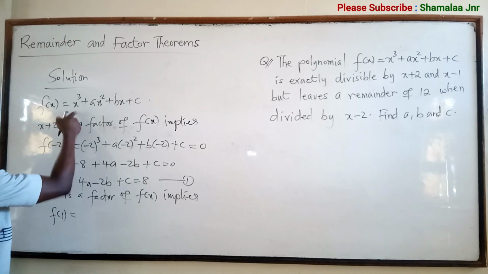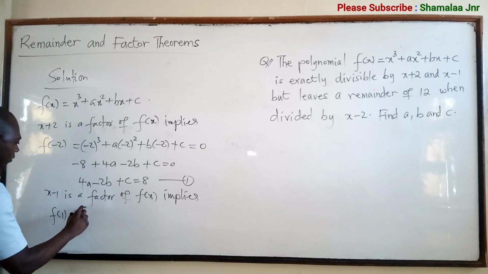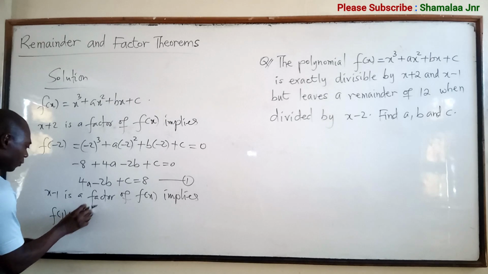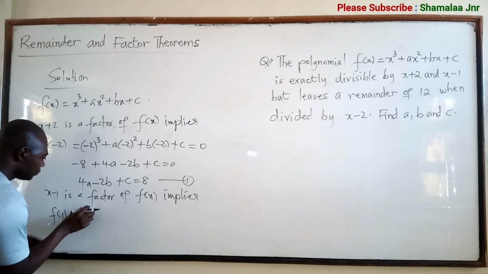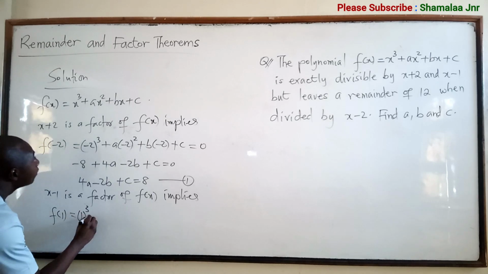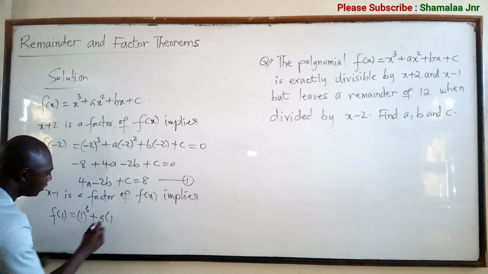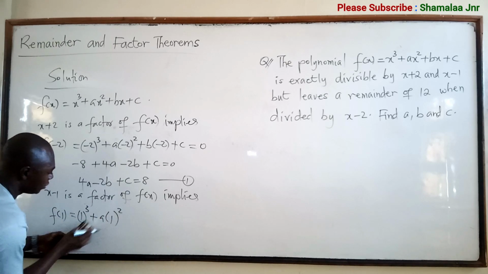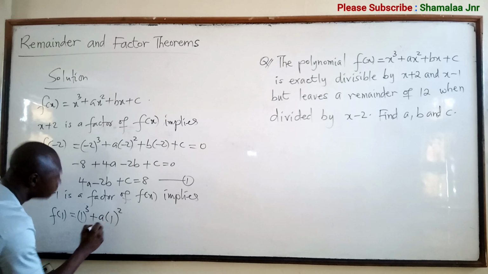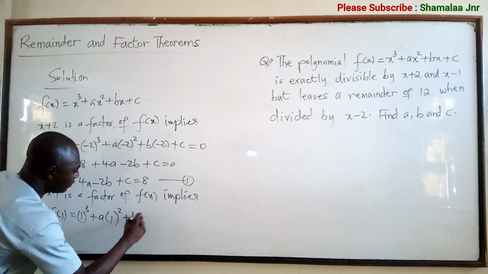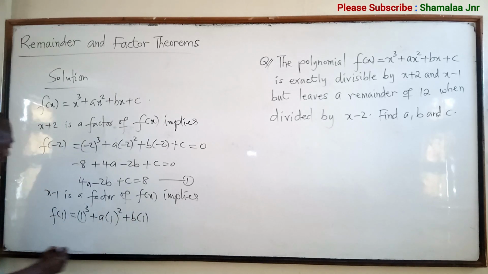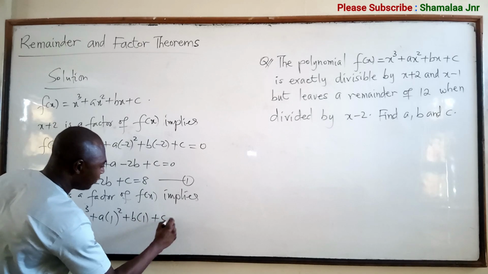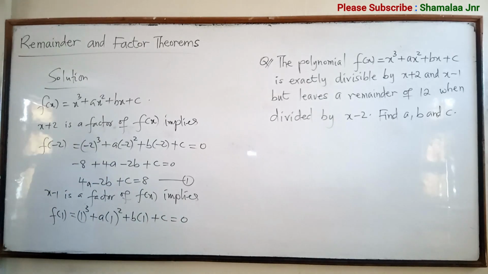So this one will be 1 raised to the power 3, plus a times 1 raised to the power 2, plus b times 1, plus c, and we are saying that this should give us 0 according to the factor theorem, because x minus 1 is equal to 0, x is equal to 1.